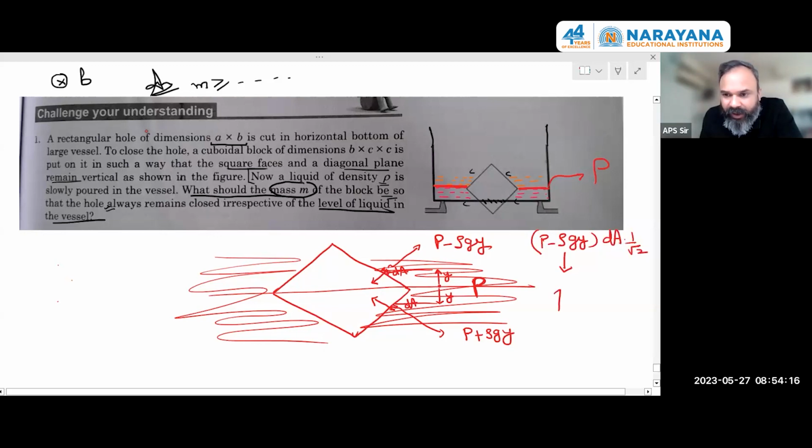And in the upward direction, you are having P plus rho gy. You understand what I'm trying to do? P is going to cancel. P plus rho gy into dA into 1 by root 2. So effectively, when I take resultant of these forces, this P dA 1 by root 2, P dA 1 by root 2 will cancel. So pressure at this level will apparently cancel from both the points.